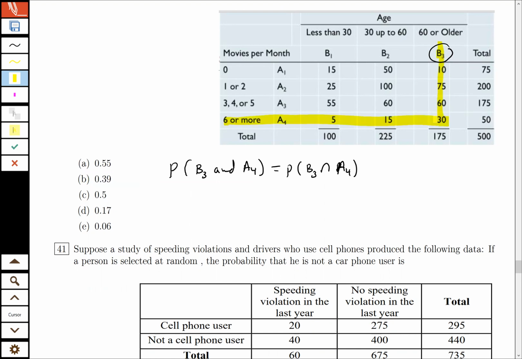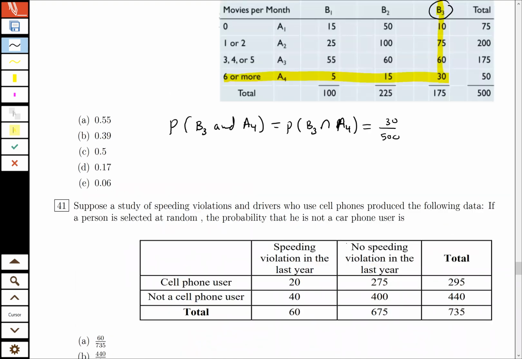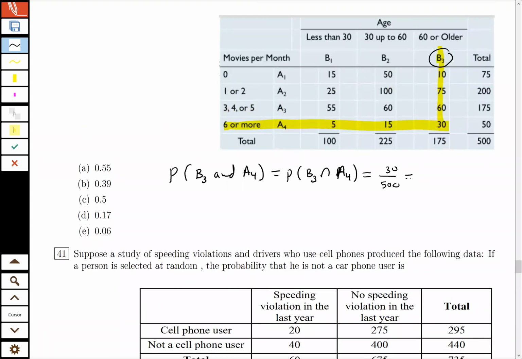So the answer will be 30 over 500. So that will be equal to 3 out of 50, because 0 will cancel with 0, and that is 6 over 100, which is 0.06. So the answer should be E.